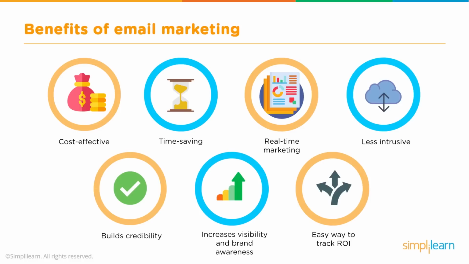Time saving, well, you saw how quick it took me to set up that email campaign. The key is figuring out who you want to send it to. When we talk about real-time marketing, we're sending this email out basically in real time, trying to meet our customers' needs at the right time. It's less intrusive because we can customize the emails.